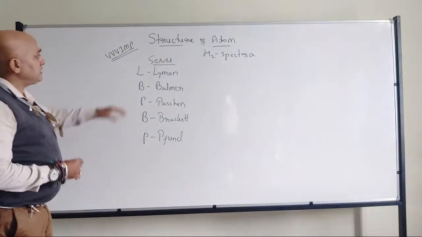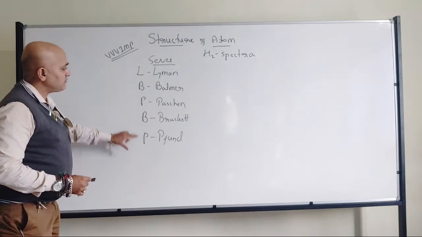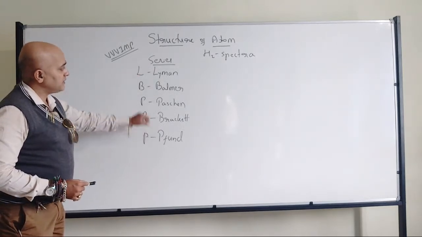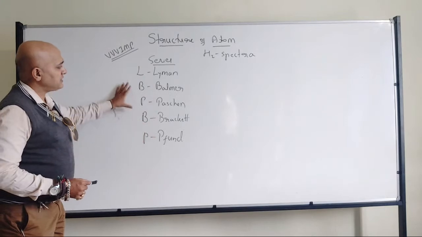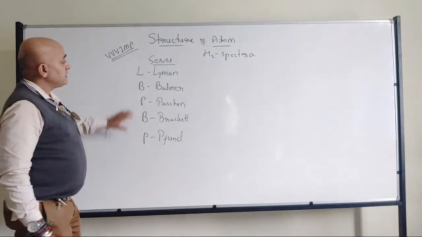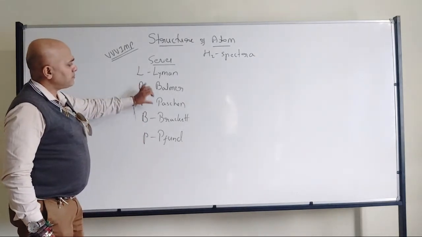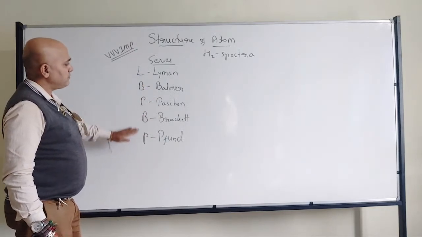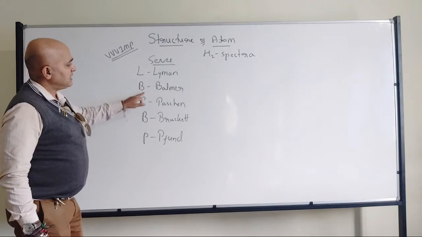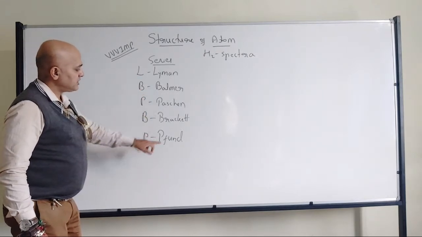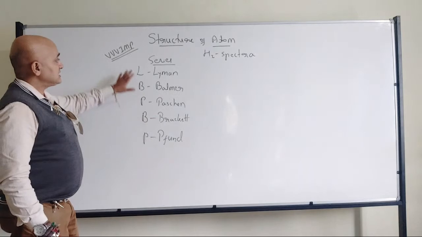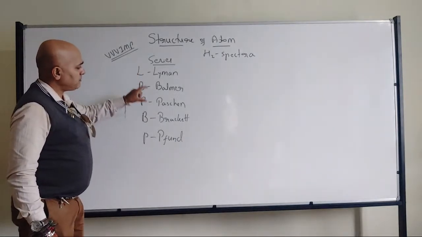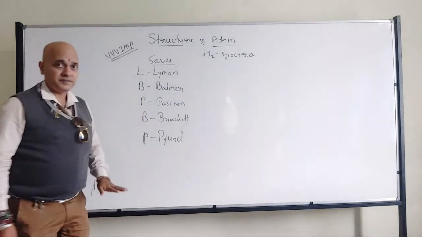Please remember, don't write these single words. You should write this one. So to make you remember, I have written like this. Okay? If you remember Lyman, Balmer, Paschen, then the rest of the things you can write L, B, P, BP. The only thing here is they have a similar initial word. So that's why we have Lyman, Balmer, Paschen, Brackett, Pfund.